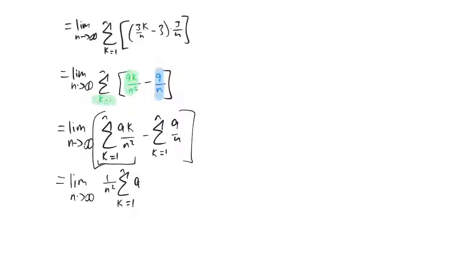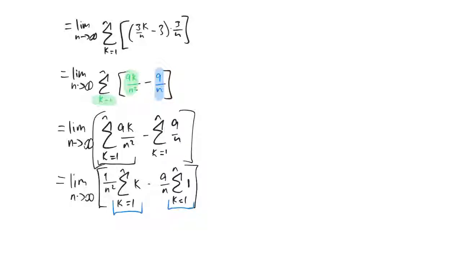Actually, I can bring out the 9 too, so that it's just in terms of k, minus, and I can bring out that 9 over n, sum k equals 1 to n of just 1. Alright, and so from here we're going to use our sum rules. So the sum of k's, we know that to be n times n plus 1 over 2, and the sum of 1's n times is just n.